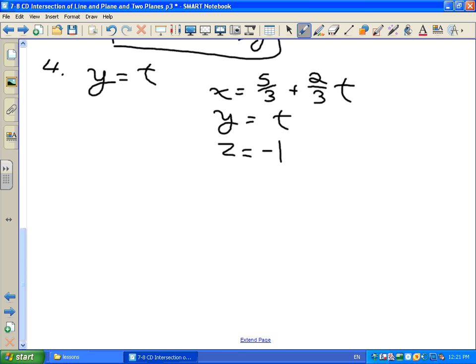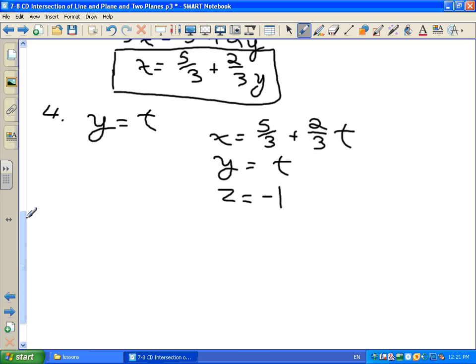And those are our parametric equations. If we wanted to, we could turn this into a vector equation. We've got 5/3. We have no constant there for y, so a 0. We've got a -1 as our constant for z.